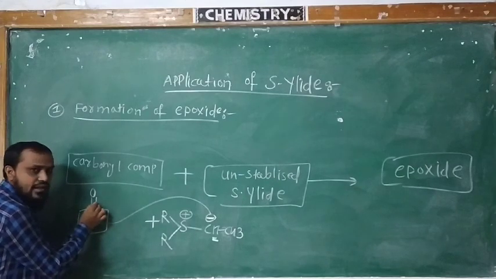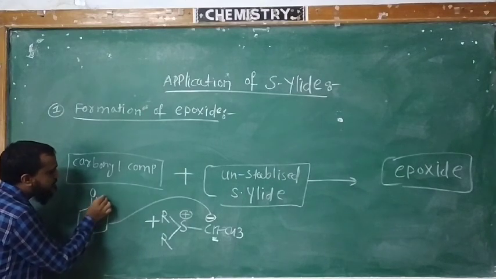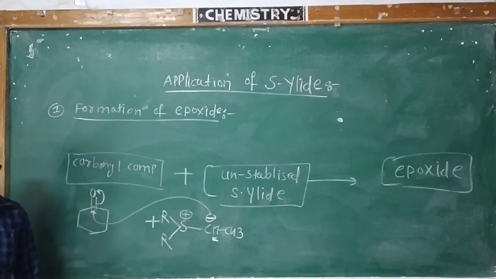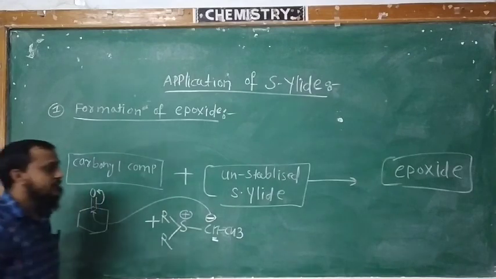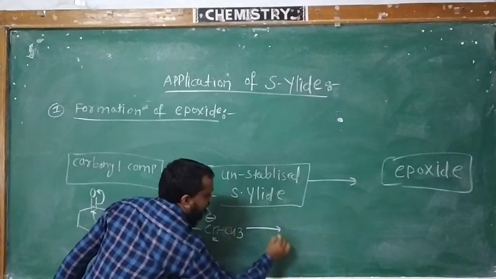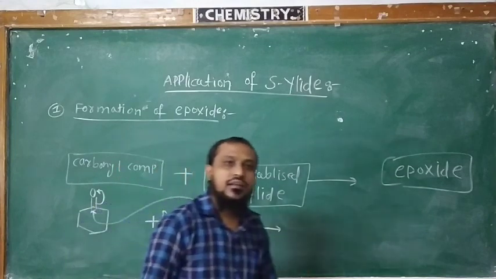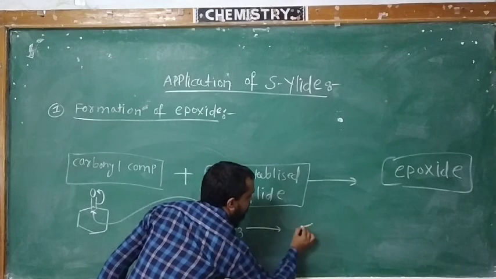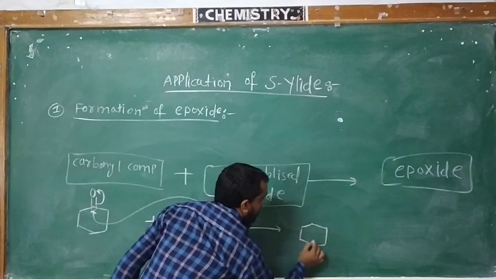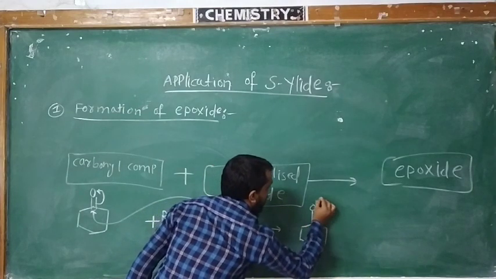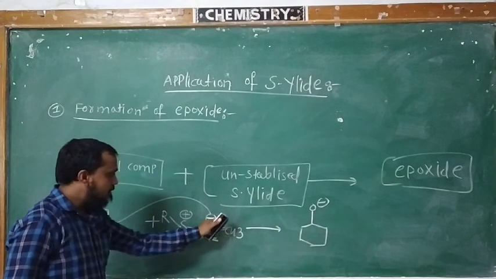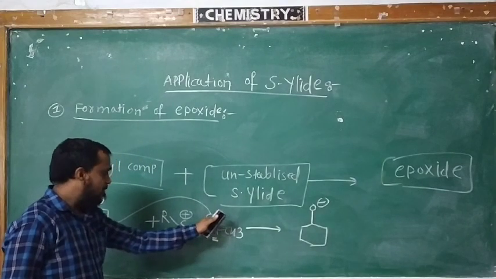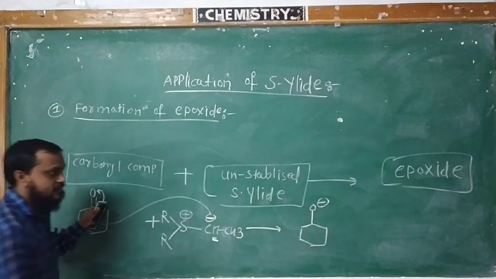Simultaneously, the bond between carbon and oxygen shifted toward the oxygen, and we will get an intermediate called a betaine intermediate. Now see here, the negative charge of the carbon attacks this carbon atom.